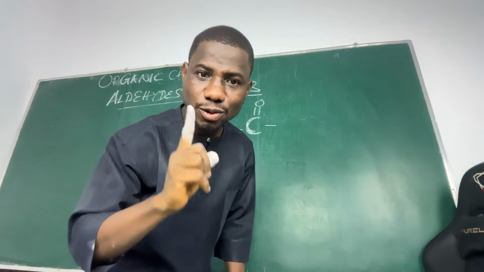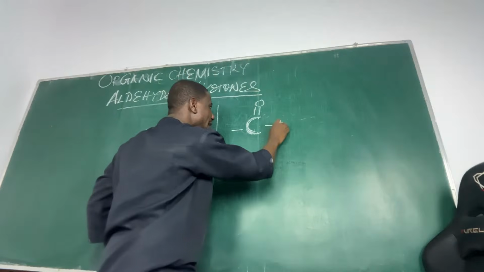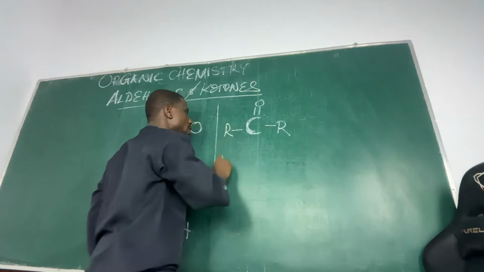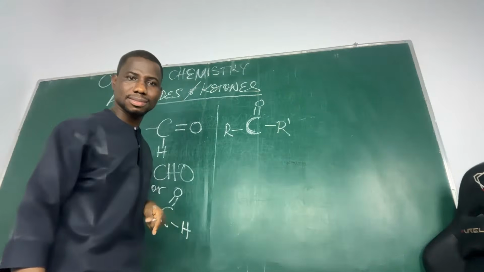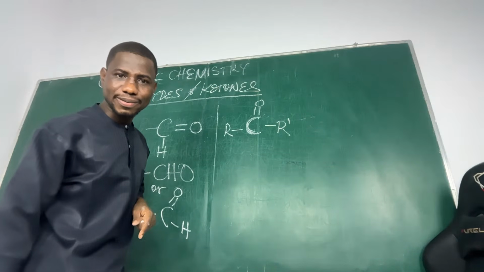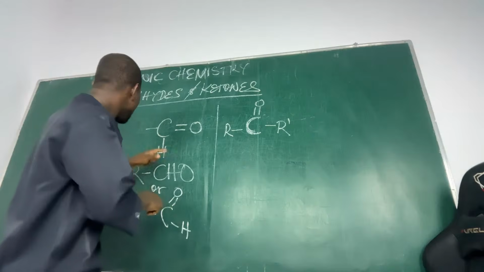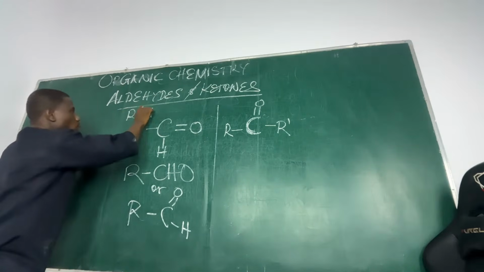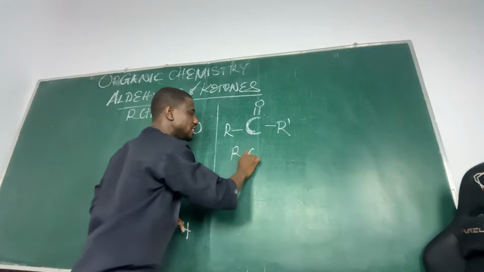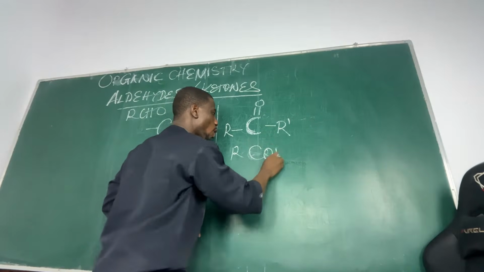It becomes a keto group. So we have R and another R. For the fact we have different R, we can call this one R prime. Are you clear now? In aldehyde, we represent it as RCHO. But here we represent it as RCOR prime.